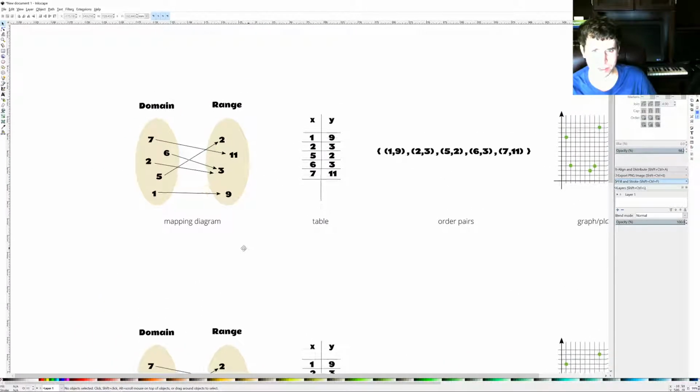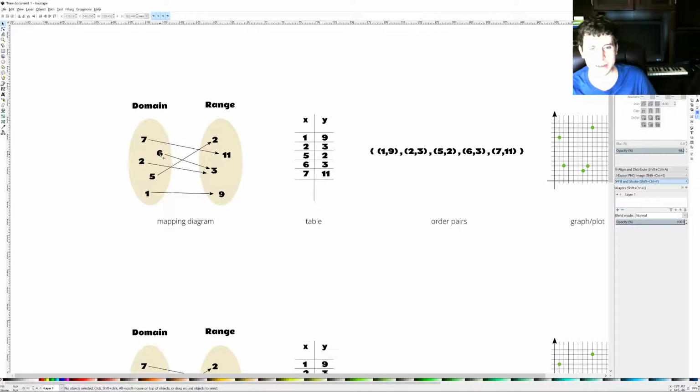Before with the mapping function, it was okay that two different inputs gave the same output. So again, if that was milk and inches, if I drank 2 cups a week versus 6, I still grow 3 inches. That's fine. That's possible. There's nothing illogical about that.